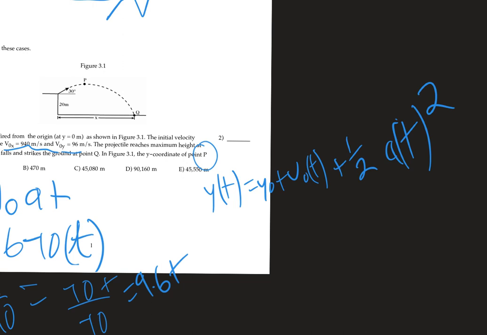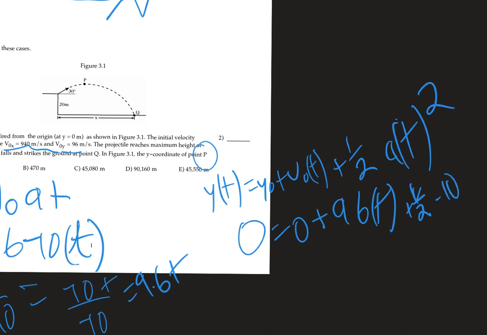So what we do is, since it started at 0, and 16, because this is the initial y where it started, 96t plus 1/2 times negative 10 times 9.6 squared.